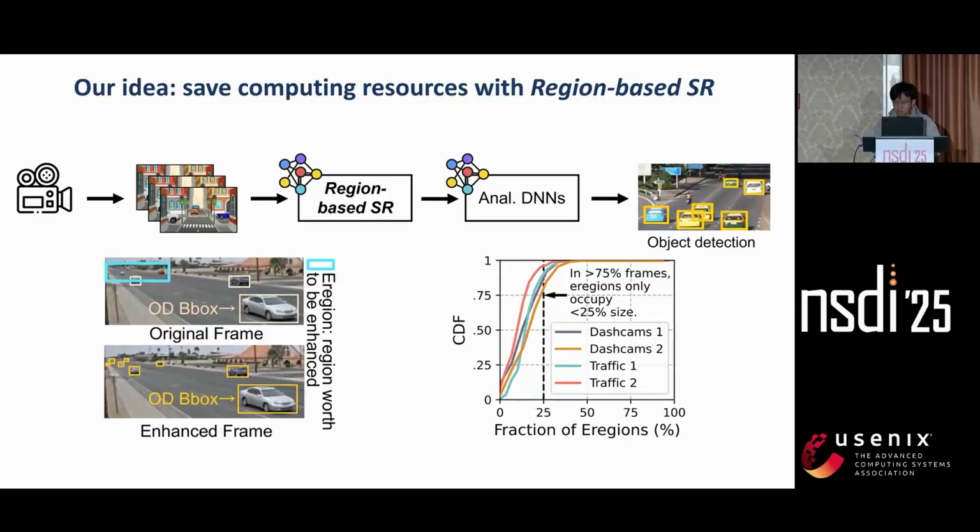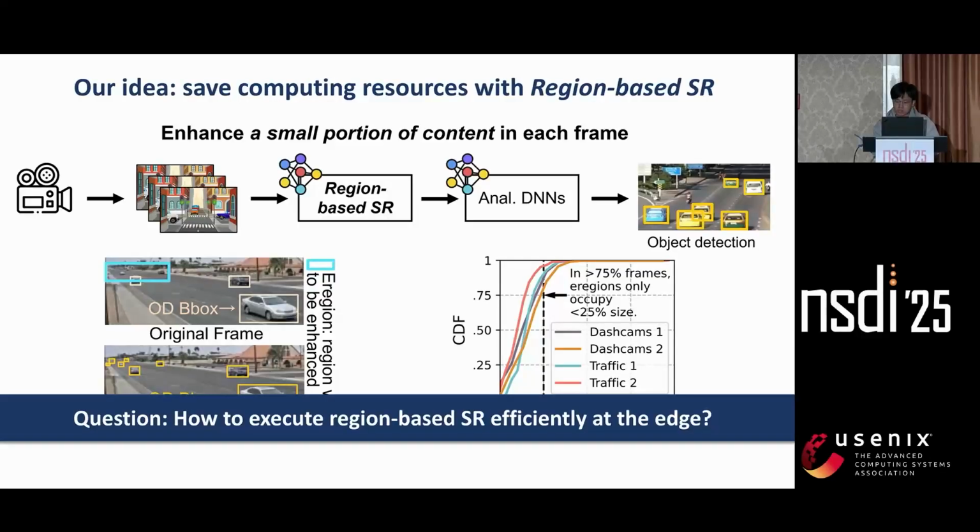They typically cover under 25% of the frame content, as shown in the figure, and represent visually ambiguous elements that low-resolution detection fails to recognize, shown in the left figure's blue box. So we can enhance only a small portion of content in each frame. But to achieve this, we need to solve one question: how to execute region-based SR efficiently at the edge.